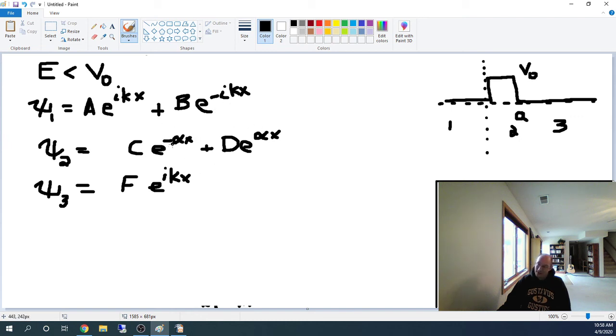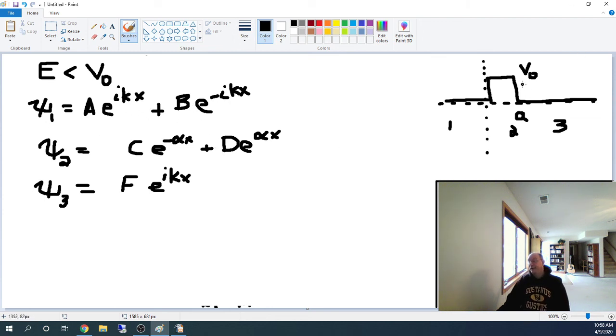You've got a negative alpha and a positive alpha. So negative c times alpha plus d times alpha when I evaluate it at x equals 0. So k times (a minus b) is equal to alpha times (d minus c). So there we go. That's two equations.